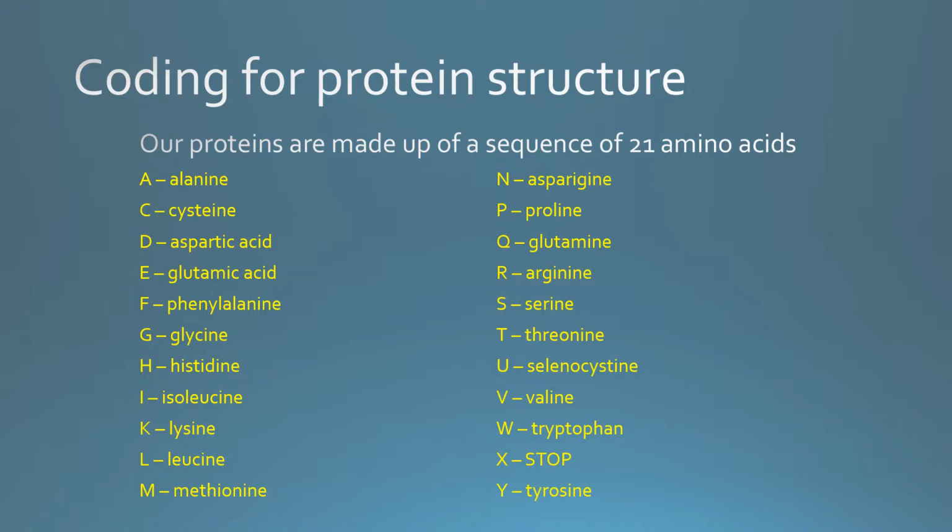It's sort of semi-intuitive. Each amino acid is abbreviated by a different letter. Now, in addition to all the amino acids, there's also something called a stop, which means that the DNA tells the body, okay, this is the end of the protein. We're done making this protein.